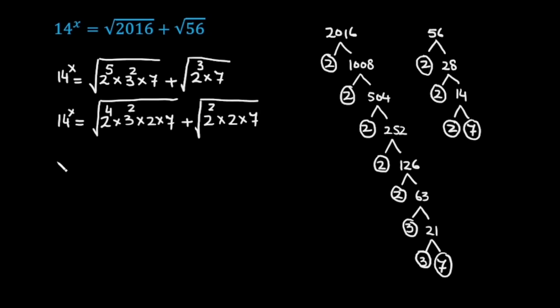This is further equal to 14 raised to the power x. If I take 2 raised to the power 4 outside the square root, this will be 2 raised to the power 2. Take 3 raised to the power 2 outside the square root, so this is times 3.